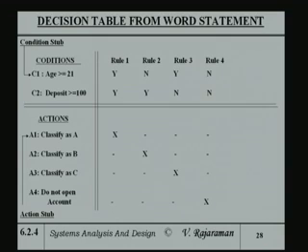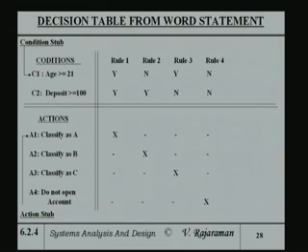Now there is some terminology used in decision tables. The terminology is primarily a definition, so that everybody understands the structure of a table and what it really means, because there is a necessity for some kind of notation. Just like in structured English there is a need for a notation, in the case of decision tables also there is a need for a certain notation.